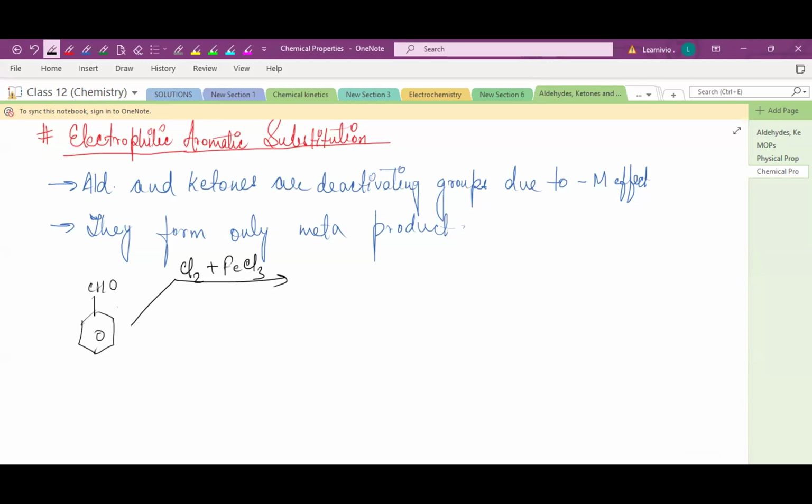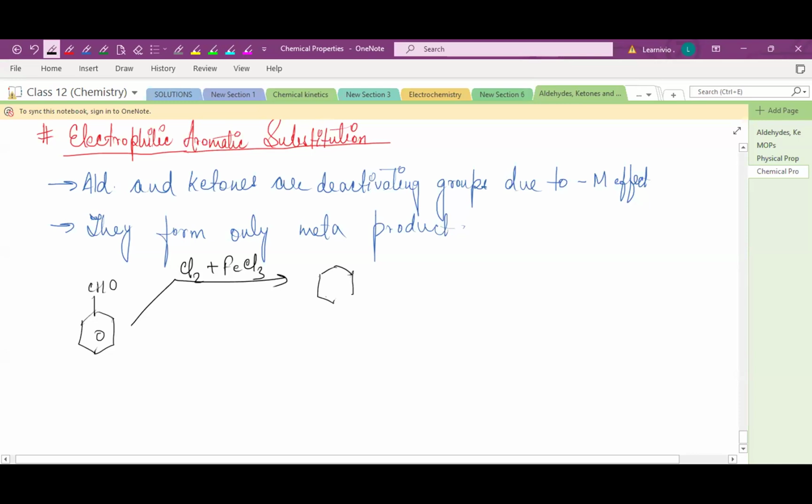Yes, I asked you, in this reaction, when benzaldehyde is treated with Cl2 plus FeCl3, we are basically doing chlorination. So in the chlorination of benzaldehyde, which group is the electrophile here? FeCl3? No, we are just doing the chlorination. So Cl plus will be the electrophile here, right?